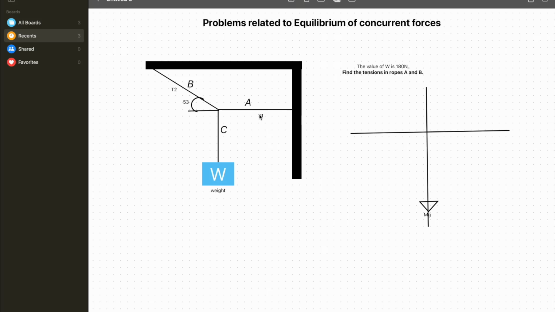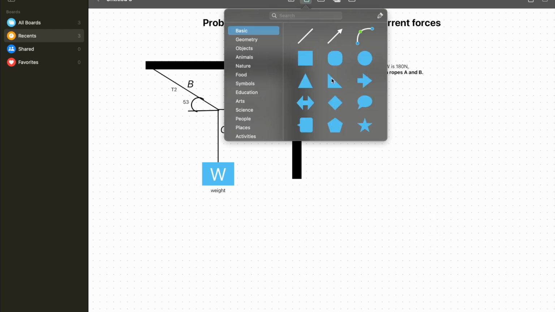Here, if we consider it as 53, the component of this force is working at cosine 53 degrees. We can also use Lami's law instead of drawing a free diagram.